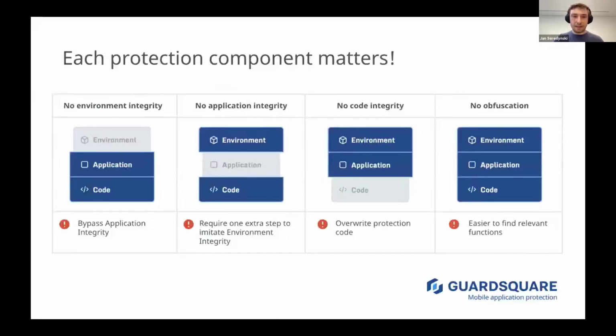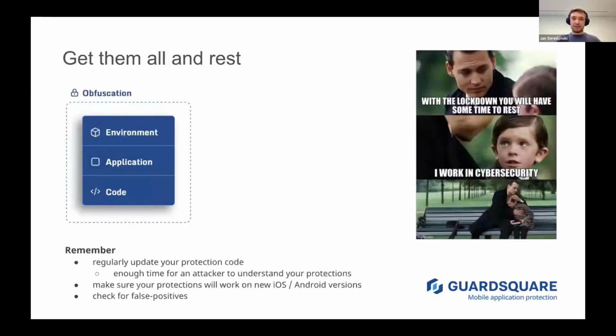The key thing is to implement all of the components, because if you don't, it's easy to bypass one component by exploiting the other. So again, implement all of it. And regularly update your code so an attacker doesn't have enough time to understand your protection.